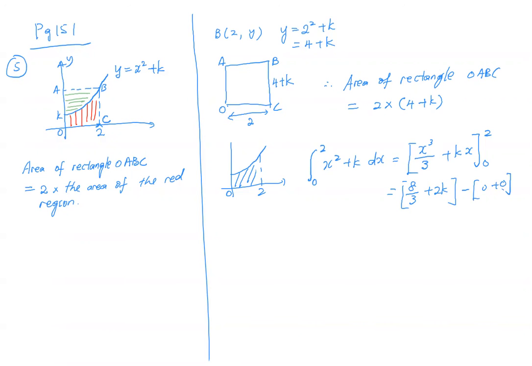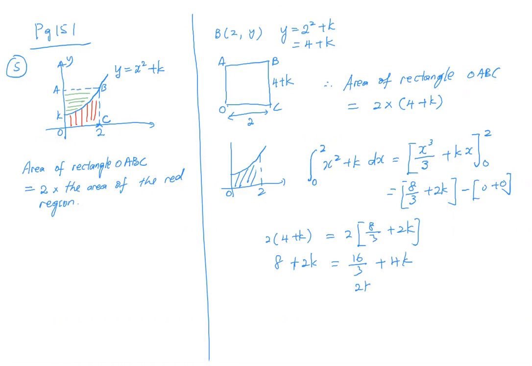So 2 times (4 plus k) is equal to 2 times 8 over 3 plus 2k. So you solve: 8 plus 2k is equal to 16 over 3 plus 4k.